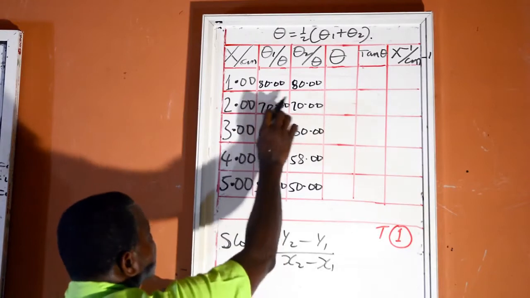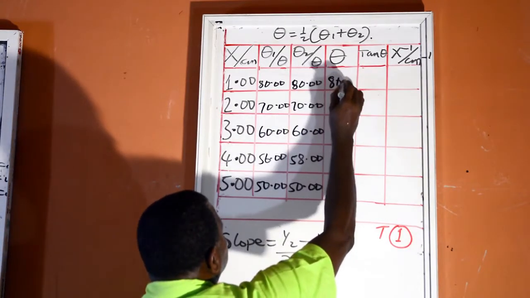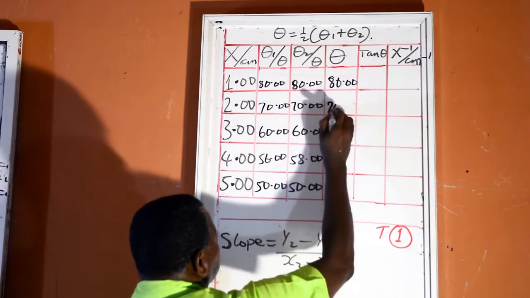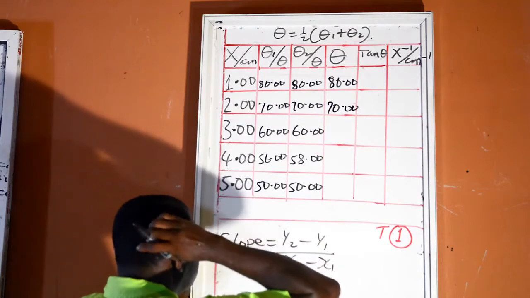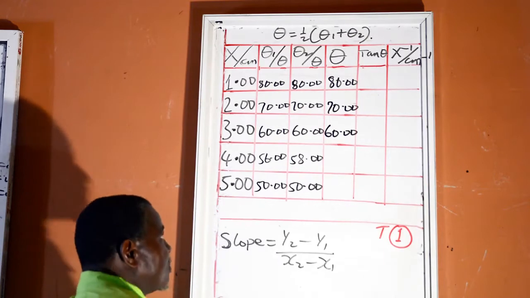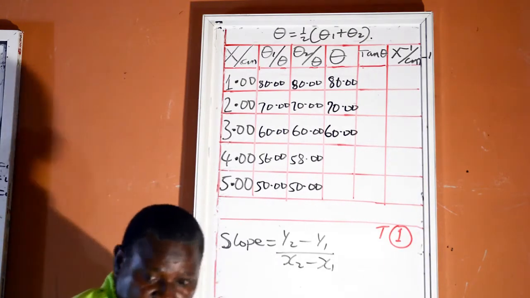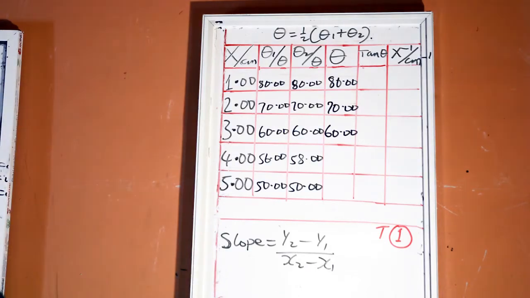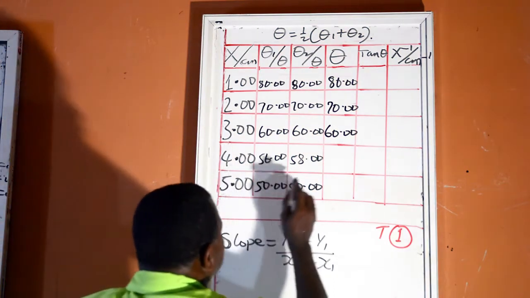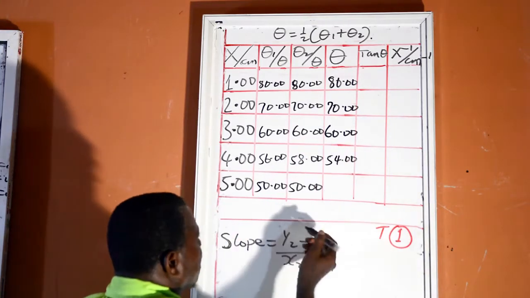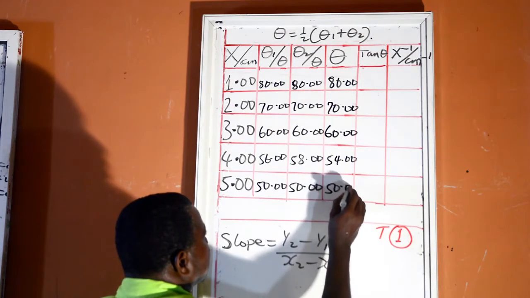So 80 plus 80 divided by 2 is equal to 80. 70 plus 70 is 140. 140 divided by 2 is 70. 60 plus 60 is 120. 120 divided by 2 is 60. 56 plus 58 is equal to 114. 114 divided by 2 will give us 57. 50 plus 50 divided by 2 will give us 50.